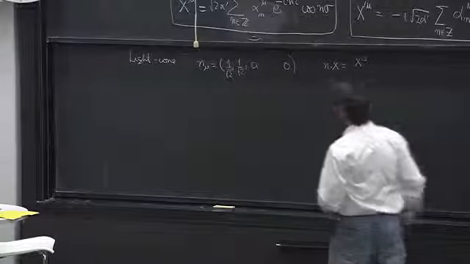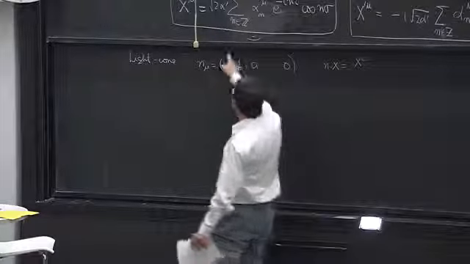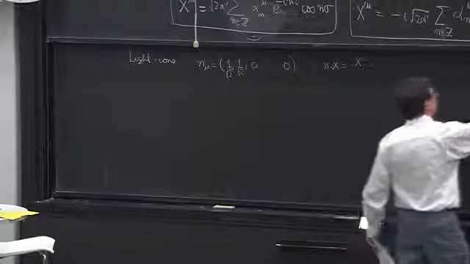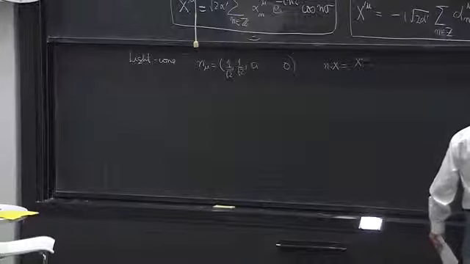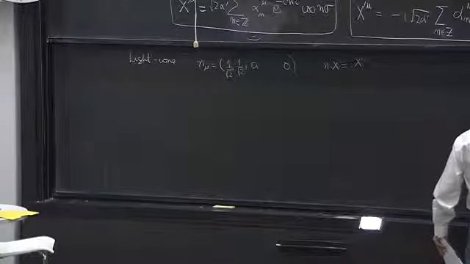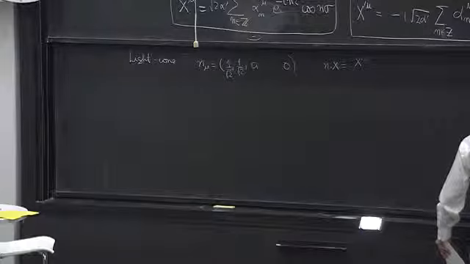Look, the n mu is with the index down, so you don't get an extra minus sign. You have n mu x mu. Remember, this is n plus x plus, n minus x minus, and you sum over those indices.